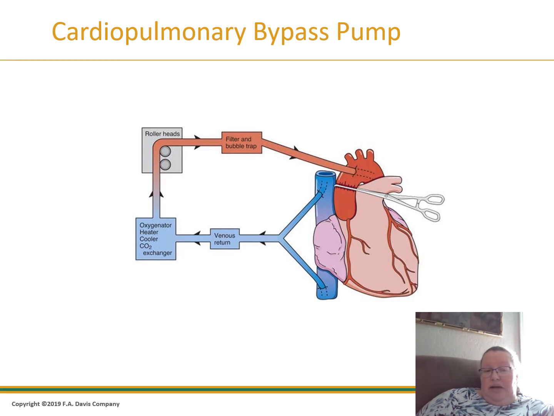Yes, we actually have one. They're going to roll it out to make sure there's no blood and no clumps or clots in it. So a filter is going to be used and a bubble trap, so there's no air, and then it's going to go out into the aorta and oxygenate the body while they work on the heart. Pretty cool, huh?